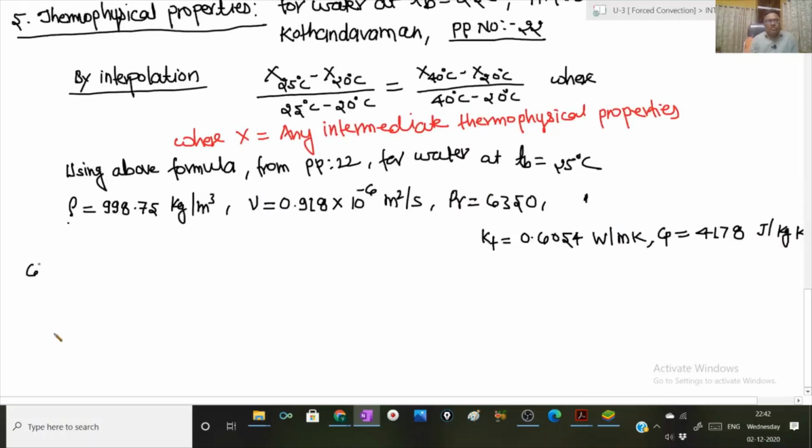After finding out the thermophysical properties of water at reference temperature of 25 degrees Celsius, step number 4 is to identify the boundary condition.